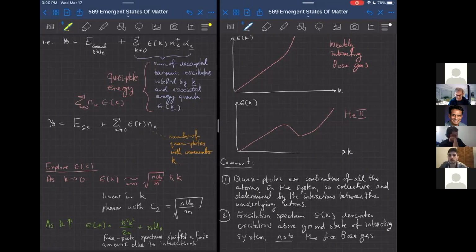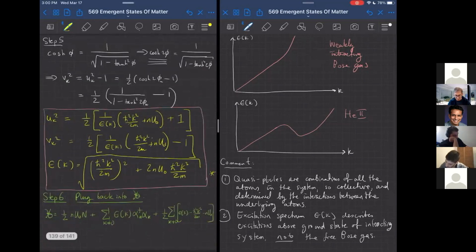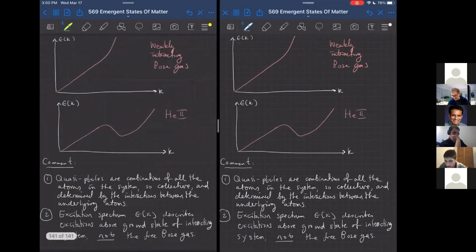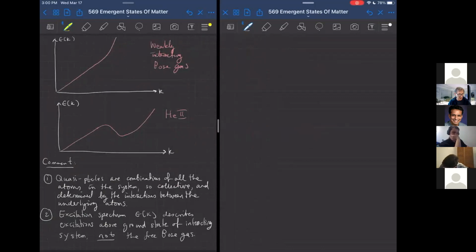Okay, and you can see that explicitly in the formula here, where the things I worked out have this term and this term, and both of those terms depend on U naught. So what we're looking at is the effect of fluctuations above some many-body ground state.